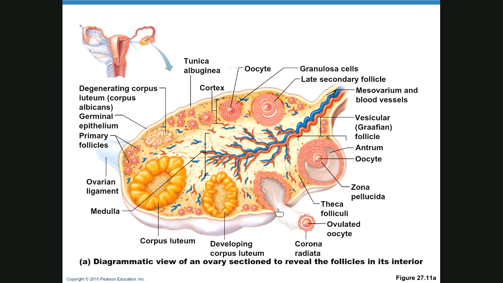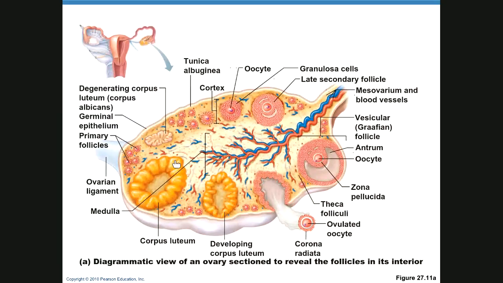Okay, so once it's ruptured and then theoretically goes up into the fallopian tube, the scar remaining is developed into what's called the corpus luteum. And the corpus luteum produces the hormones of pregnancy, the estrogen and progesterone, that are needed to keep first the little zygote, which is first stage, the fertilized egg, and then the early stages of the embryonic development.